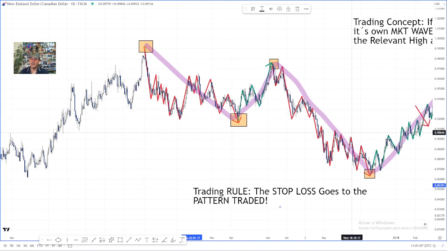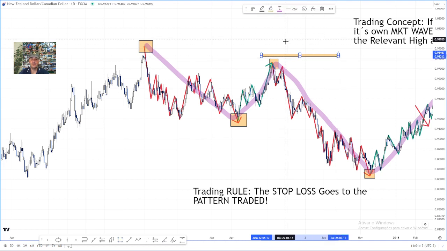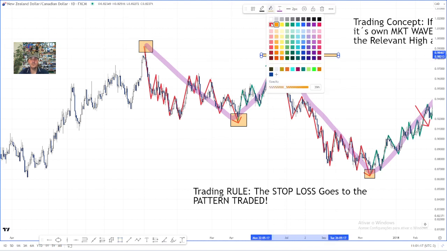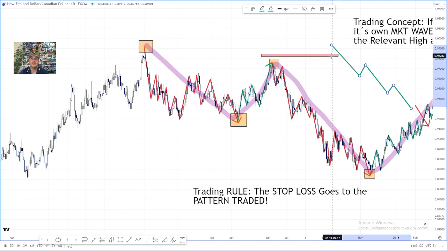If I've entered here, the stop loss goes on the market wave high. Why on the market wave high? Because, no brainer, if the market goes up and up and up and breaks me here, stops me out on this level, this means that the market broke the pattern. Simple as that. Fair enough?